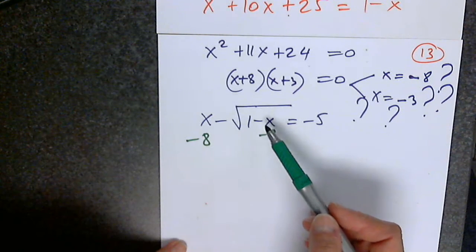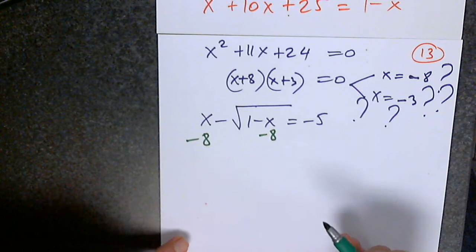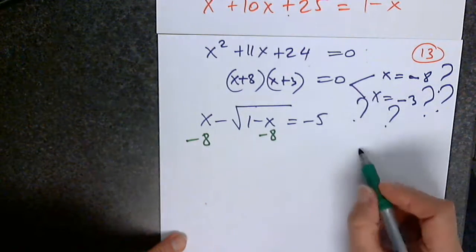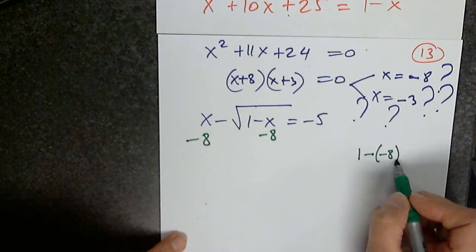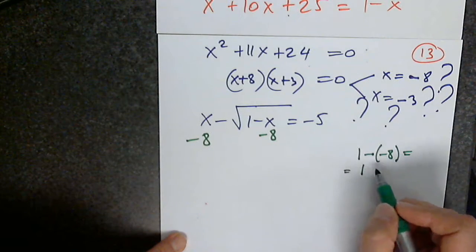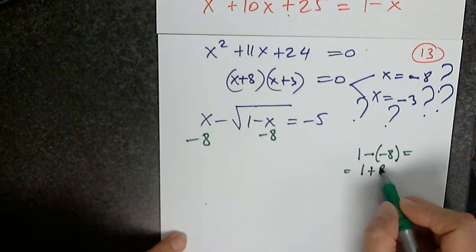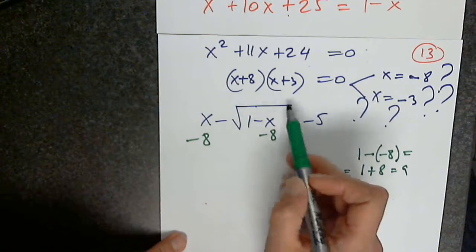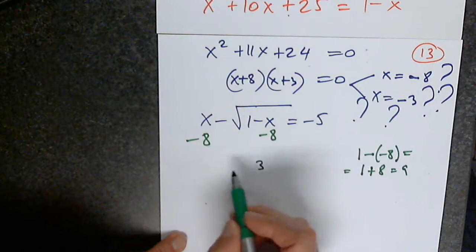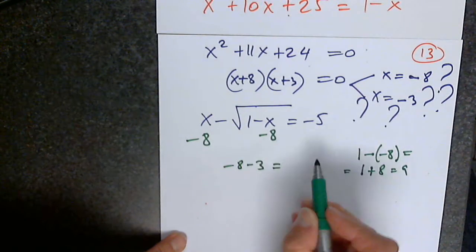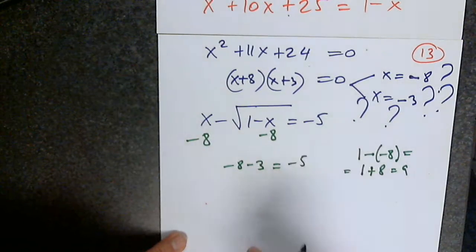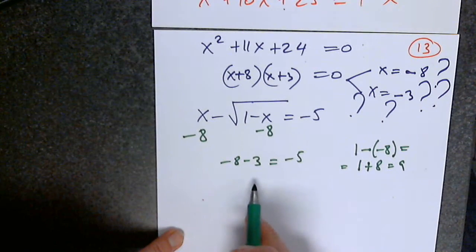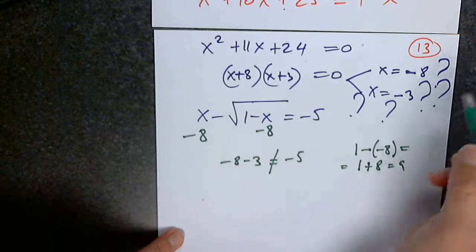So 1 minus negative 8 is 1 plus 8, which is 9. Perfect. So the square root of 9 is good. So negative 8 minus 3, does this equal negative 5? No.